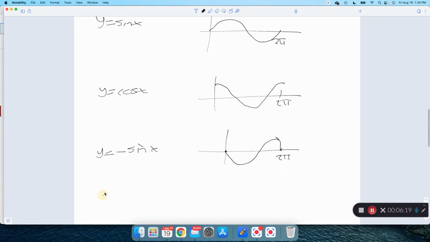Negative cosine is going to be this guy flipped around like this. So instead of starting up, he's going to start down. He would look like this. So that's what we're going to be starting and ending at: troughs, not crests.